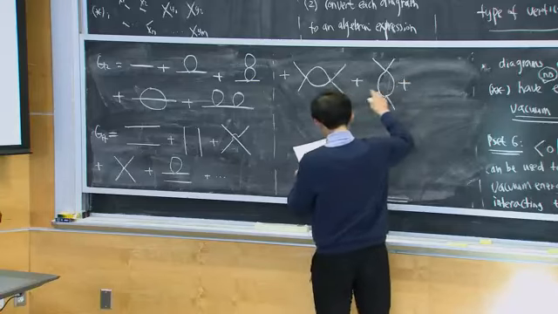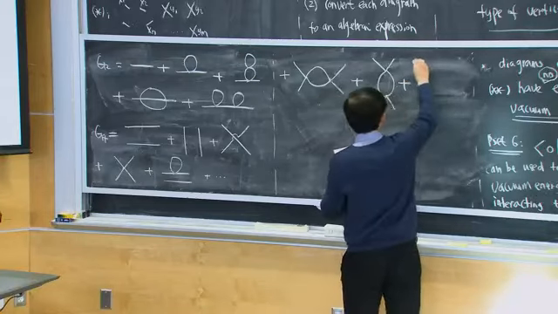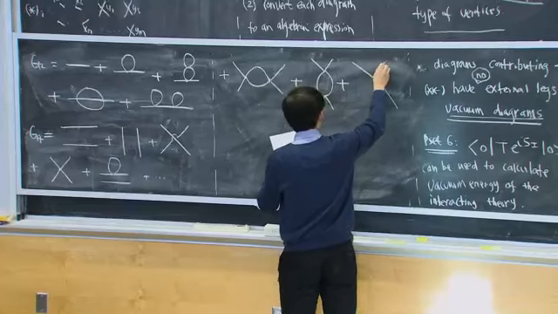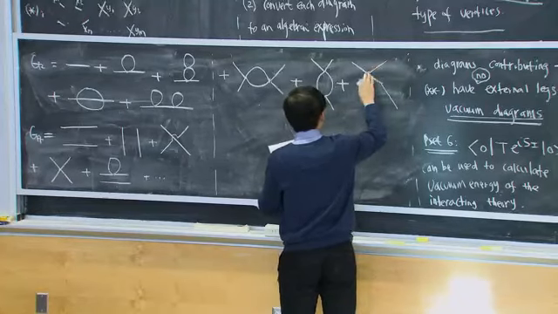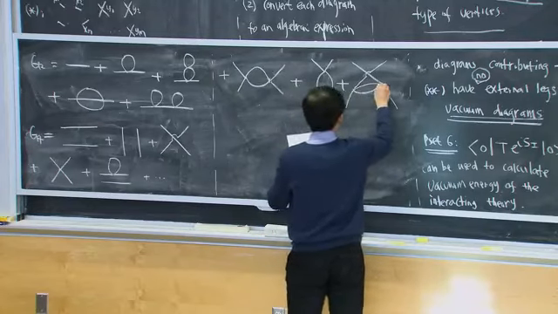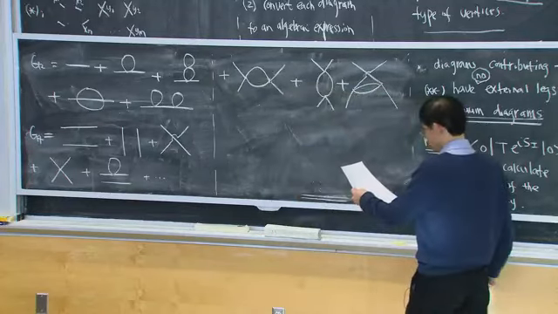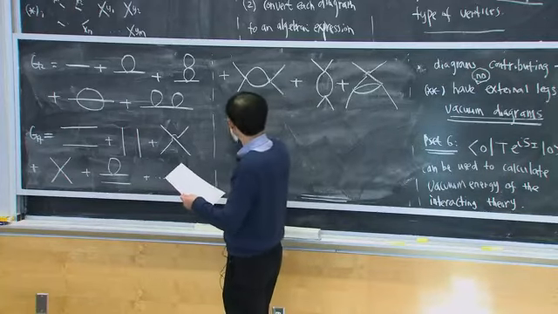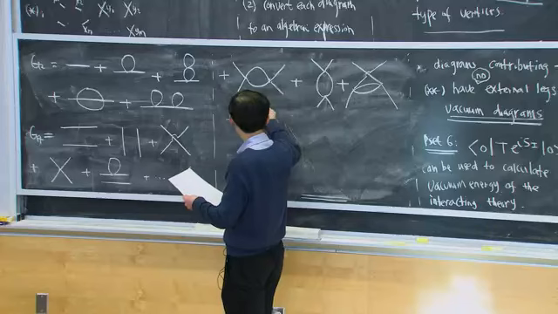The reason I draw them is that you are going to do some of them in your P set. There's another diagram like that, etc. Let me draw 2 more.